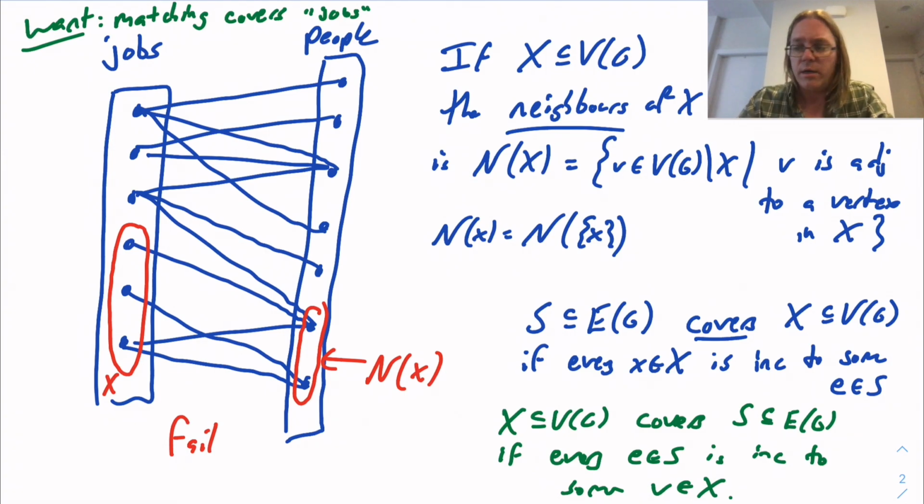Okay, let me state the theorem formally. We're going to be in the context of a bipartite graph, and we're going to be looking for a matching in this bipartite graph that covers the whole left-hand side. So our formal statement of the theorem is as follows.